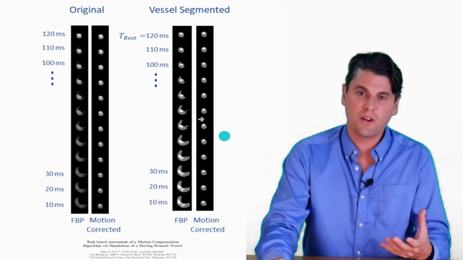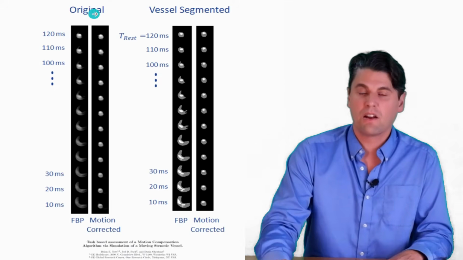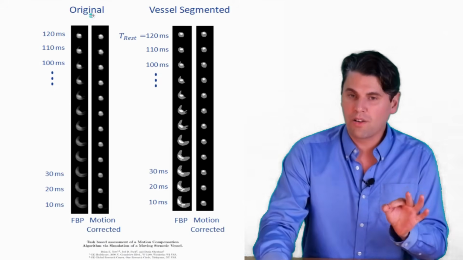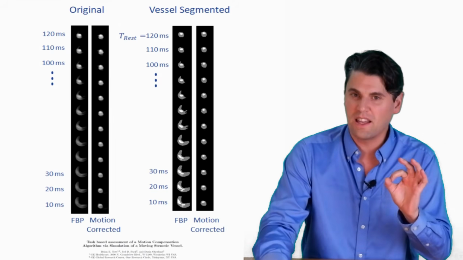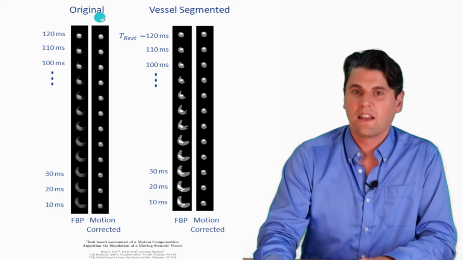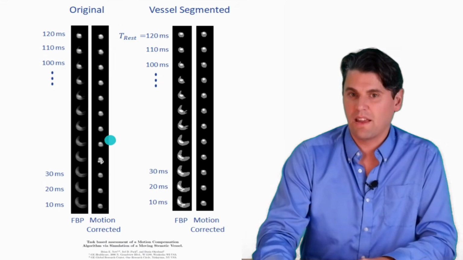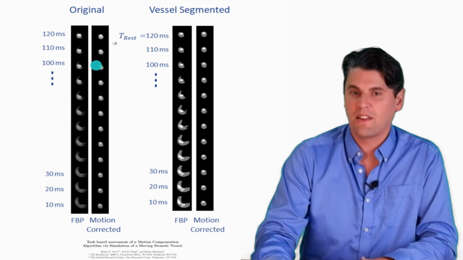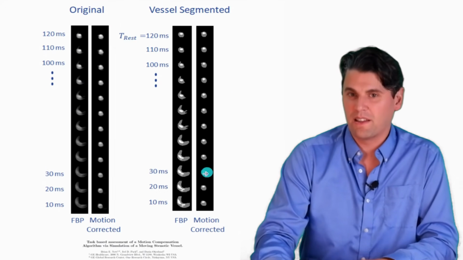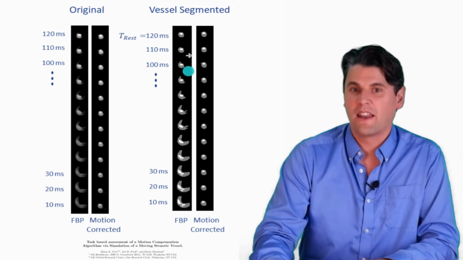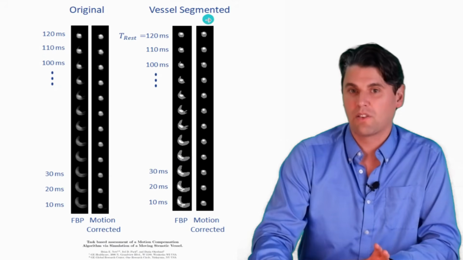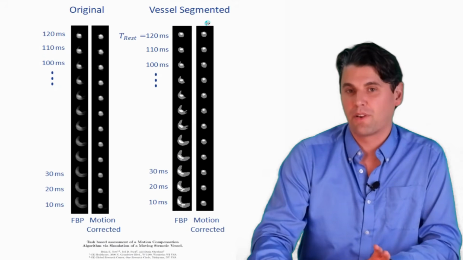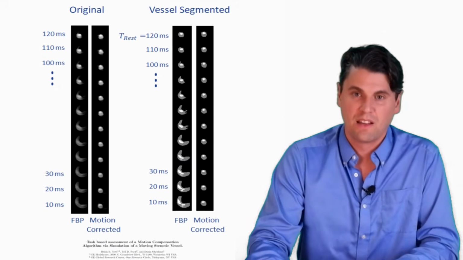So if you look at it as a function of resting time, here is an artery, and then we had a little calcification within the artery. And this is before we did a segmentation on this side here, and this is after we did a segmentation. And then on the left in each panel is the straight filtered back projection result, and on the right is after the motion compensation.